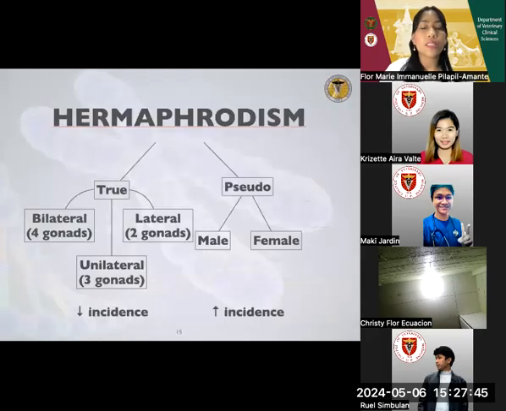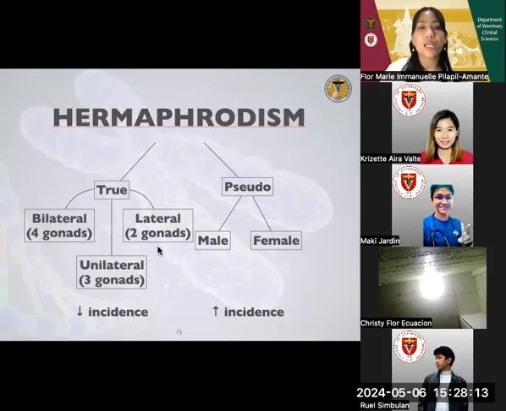And now on the last part, we discussed hermaphroditism. We have two major types, the true and the pseudo. For the true hermaphrodite, we have either bilateral or lateral. Four gonads, meaning the male and female: left and right uterine horns, and for the male, the left and right testicles.